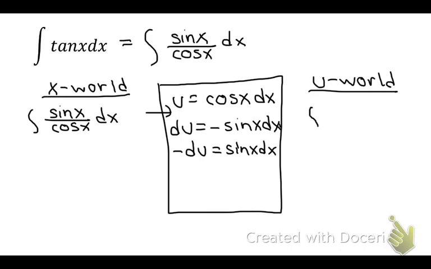I'm going to have the integral of 1 over u, because that cosine x, which is my u, is in the denominator. And then in order to bring over my sine x dx, I'm going to bring a negative du. Alright, integral of 1 over u would be the natural log of u.